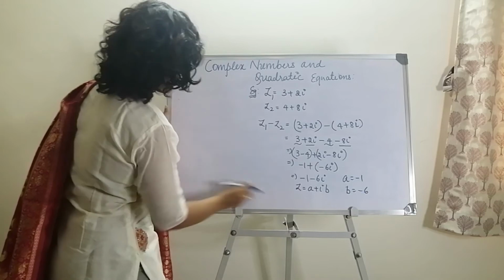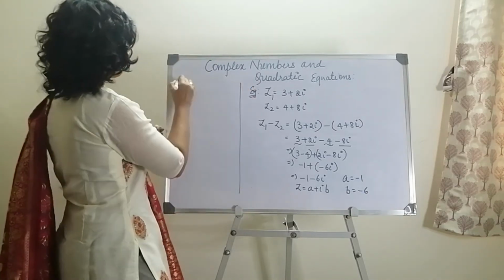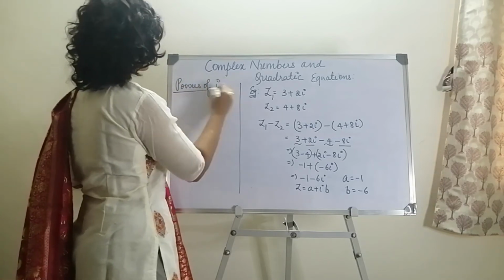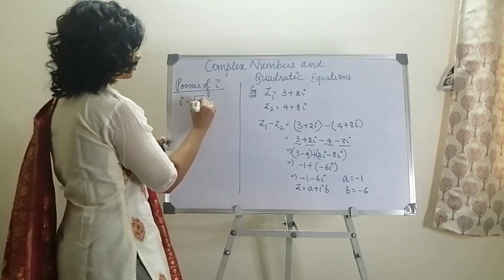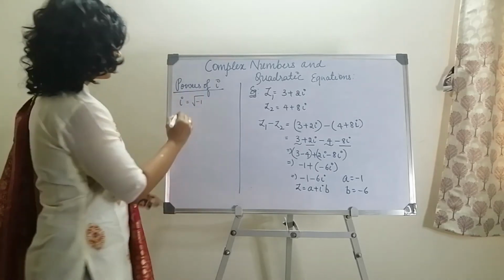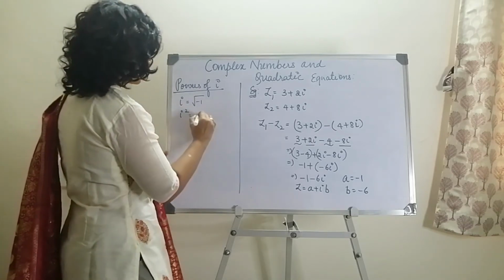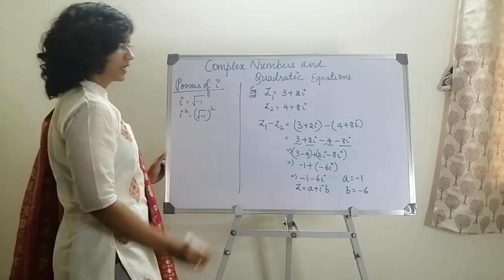That is nothing but powers of i. So what do you mean by powers of i? We all know that i is equal to square root of minus 1. What will be i square? i square is nothing but square root of minus 1 the whole square. Correct?